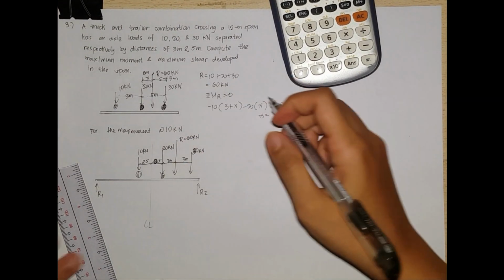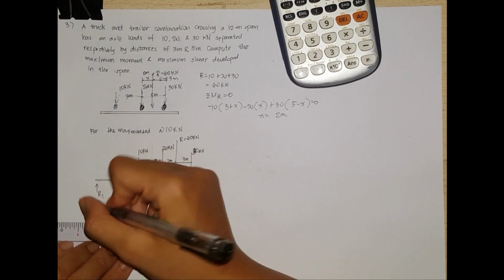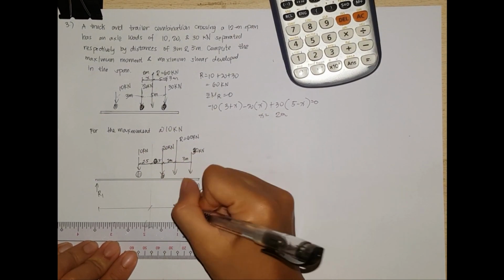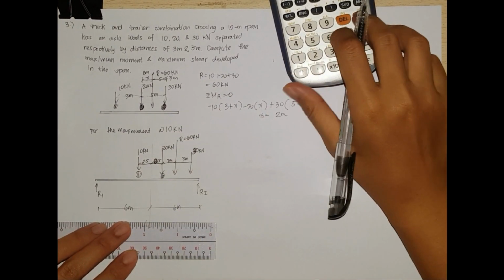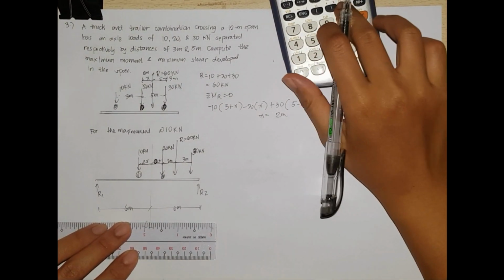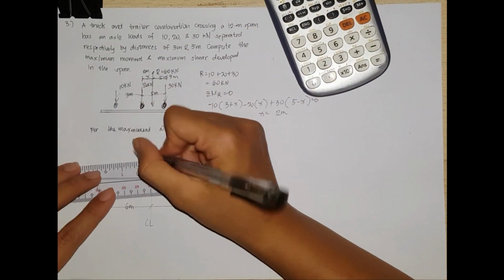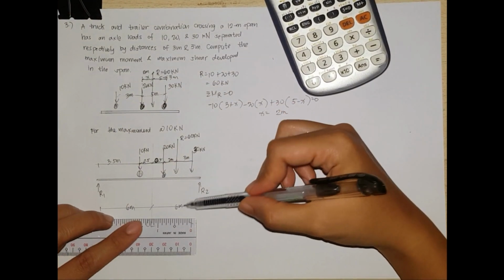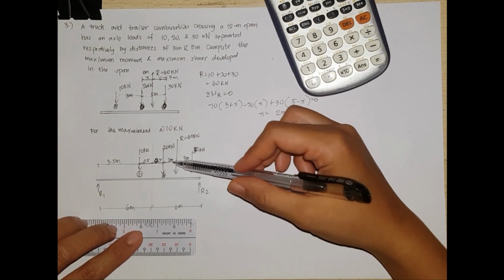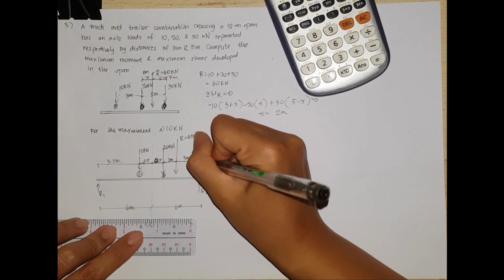So, this is 6 meters, 6 meters. So, 6 minus 2.5, we have 3.5 meters. And then, yung natira na lang dito is 6 minus 3, 2, 1, so this is 0.5 na lang.